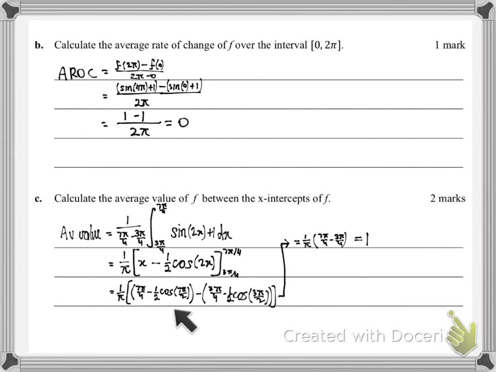We need to know values like cos of 7 pi on 2 and cos of 3 pi on 2. That goes to 0, both of them. We get average value of 1 when we evaluate that carefully. Okay, almost there.